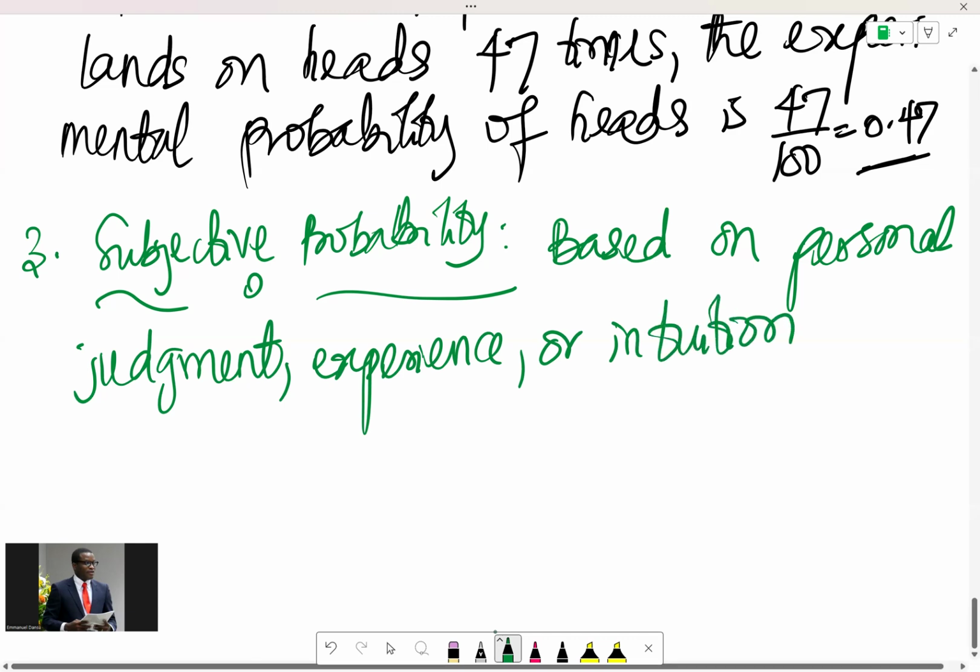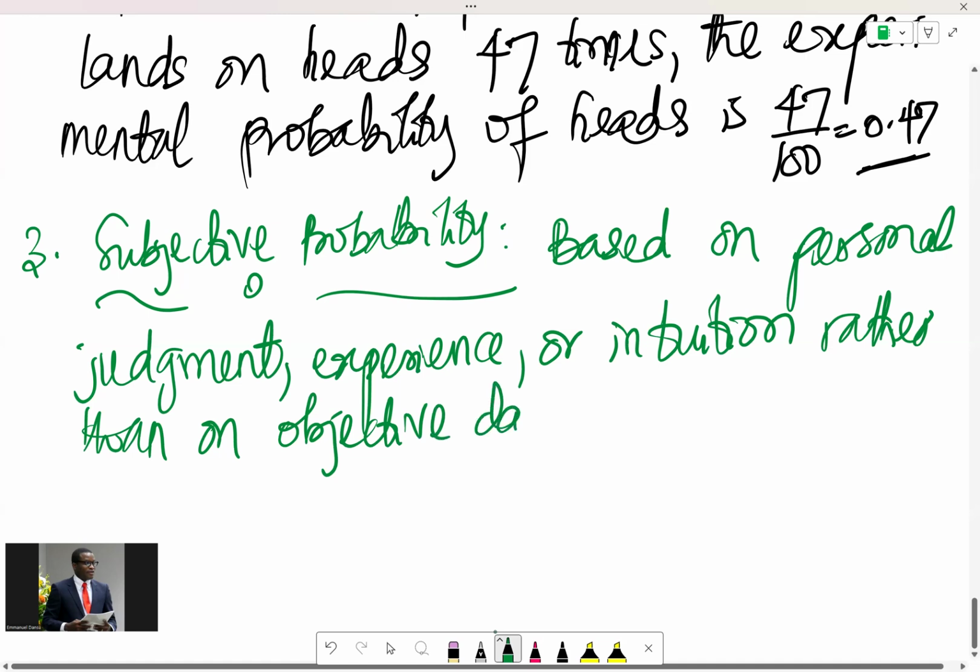So your intuition may be correct. Interestingly, when it comes to subjective probability, there's a probability that you are totally wrong, and there's a probability that you are correct too, right? So subjective probability is based on personal judgment, experience, or intuition rather than on objective data.